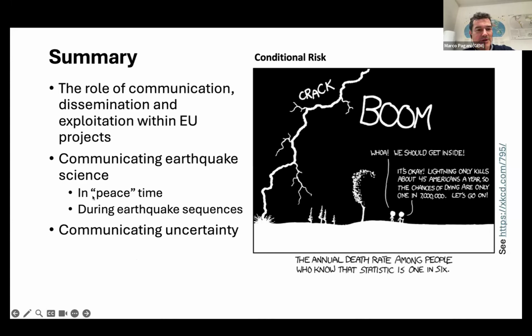In the second part, I will discuss the communication of earthquake science in peacetime and during earthquake sequences, with the last part on uncertainty, because I think communicating uncertainty is particularly important given the challenge of modeling a process as complex as an earthquake.